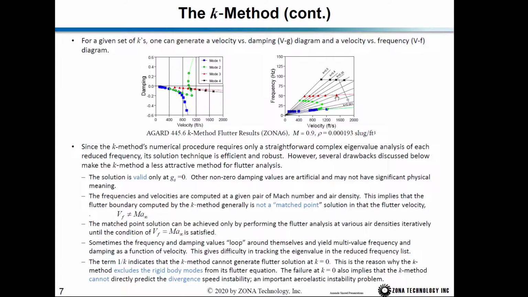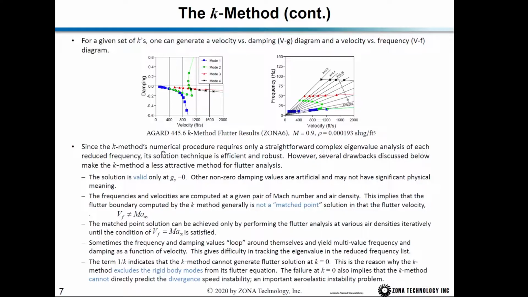So we vary the reduced frequency at a given density. Then we can get the so-called velocity versus frequency diagram, called the VF diagram, and also the velocity versus damping, which is called the VG diagram.